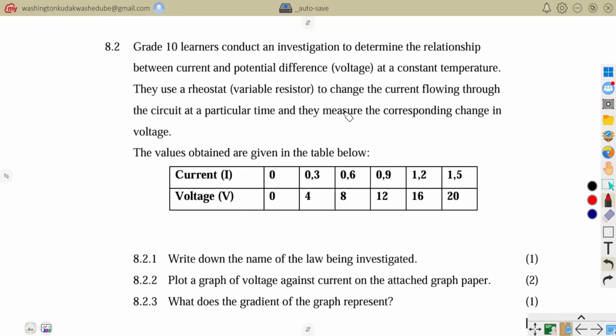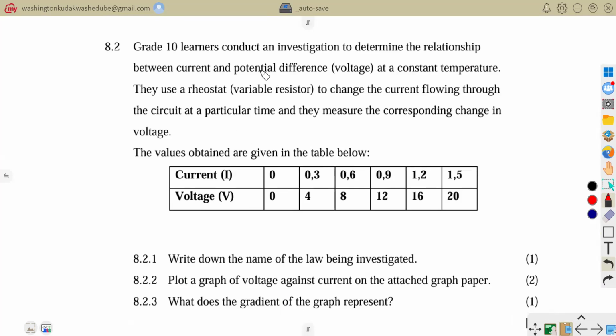8.2 now is saying grade 10 learners conduct an investigation to determine the relationship between current and potential difference at a constant temperature. They use a rheostat, which is a variable resistor, to change the current flowing through the circuit at a particular time, and they measure the corresponding change in voltage. The values obtained are given in the table below.